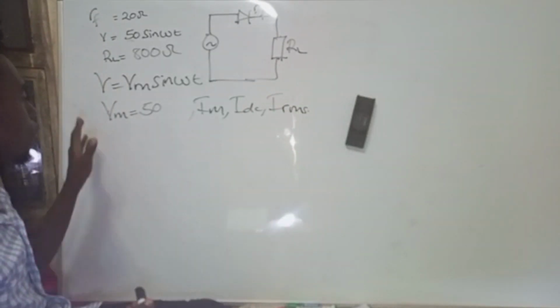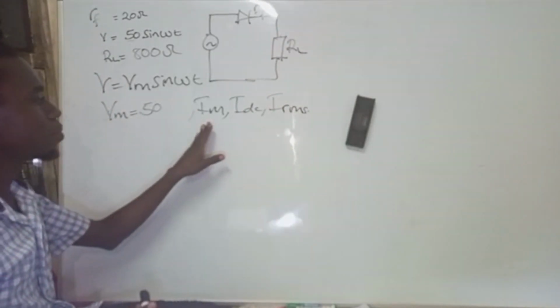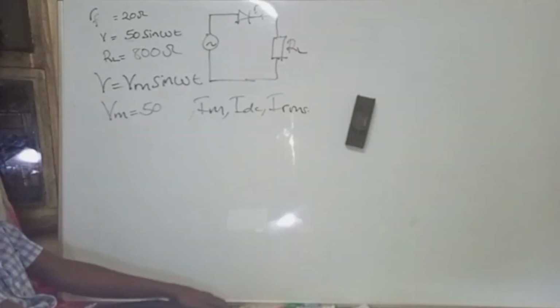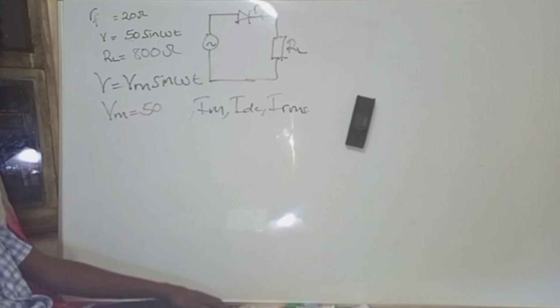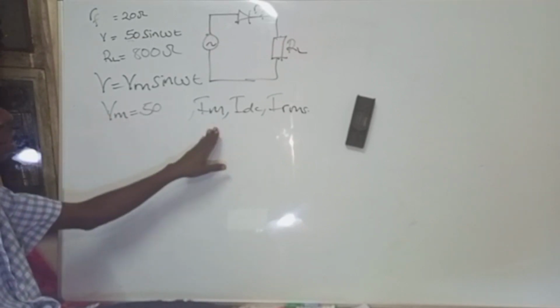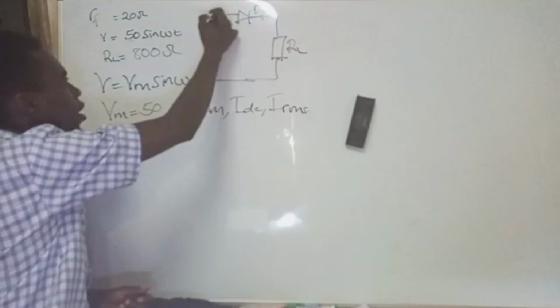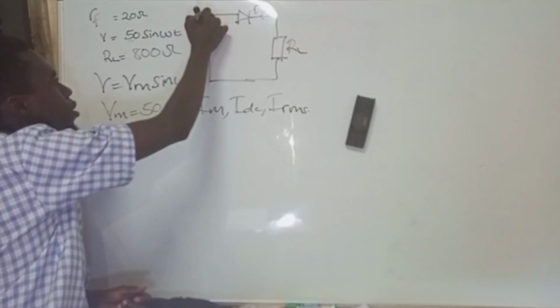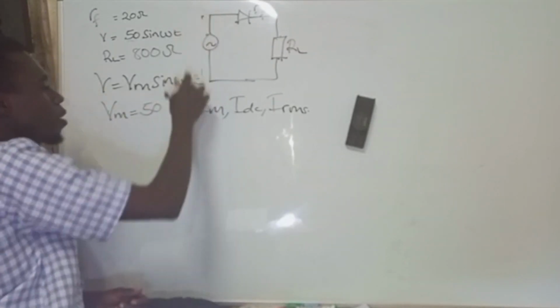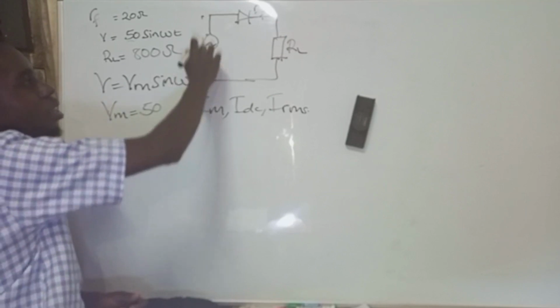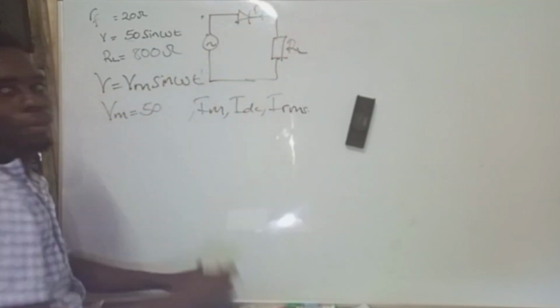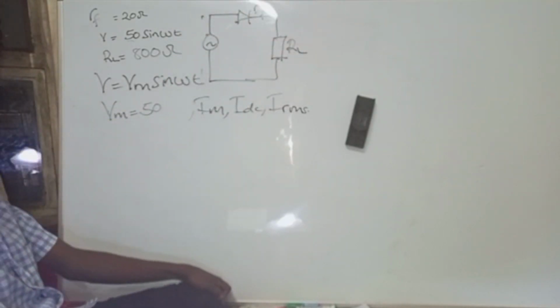So if we are always given VM, we can always find the IM. Now this is also going to be simple. You don't need to cram that formula you're seeing down there. You can use voltage and current. Suppose the voltage across this point is the maximum voltage, the current that will flow is going to be the maximum current.